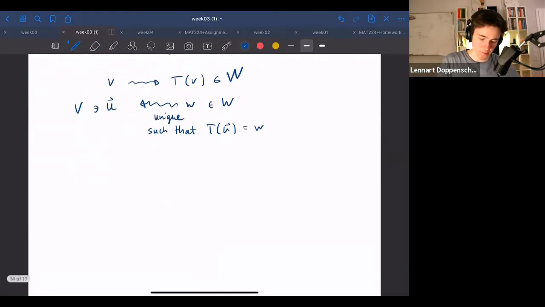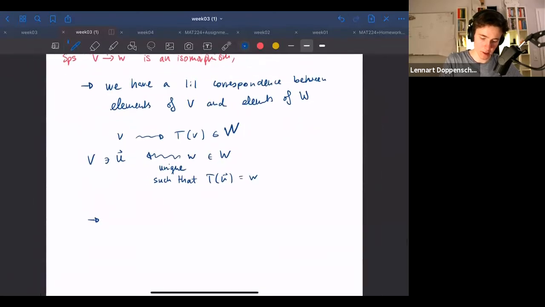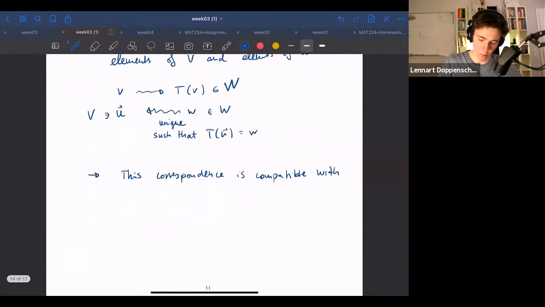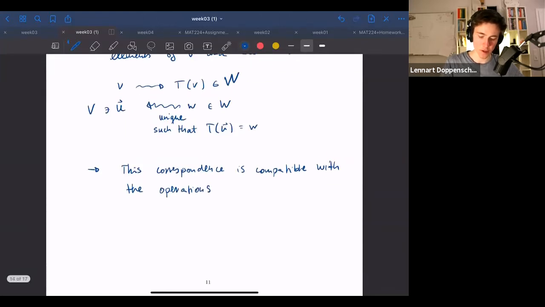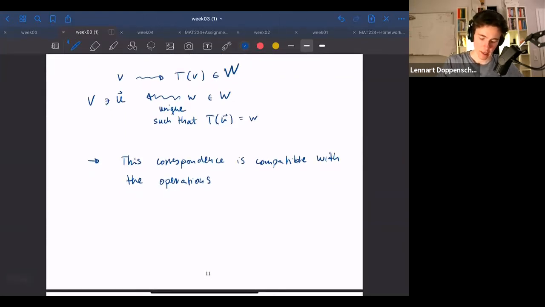And moreover, this correspondence is compatible with the operations. So this means, say you have V1 and V2 in V, and you sum them together, V1 plus V2.